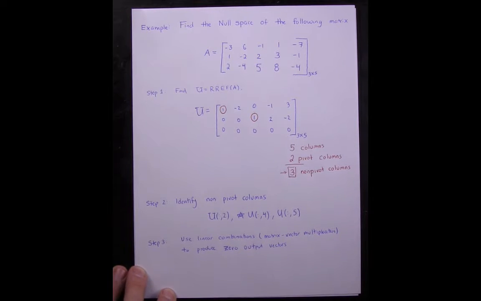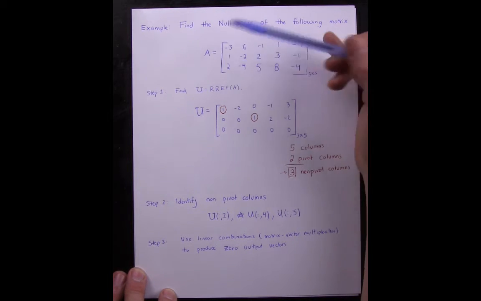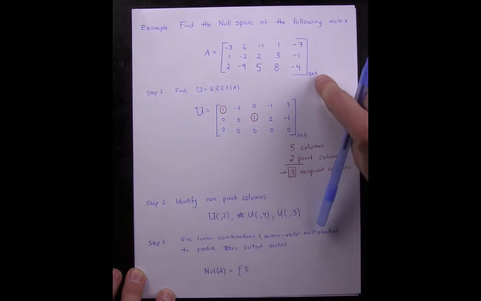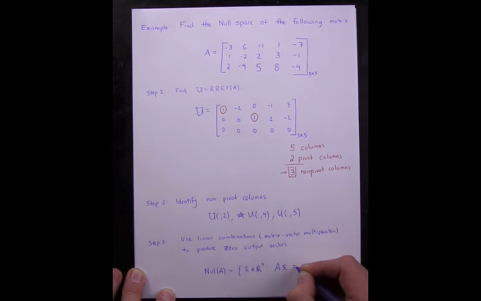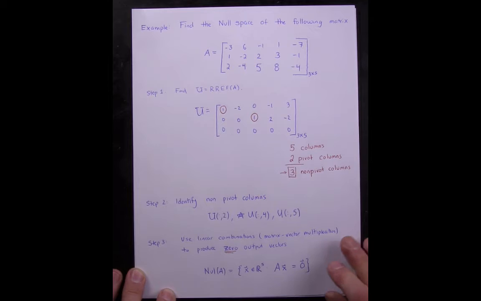Remember, the whole process that we're going through right now is to find the null space for this matrix, and we recall that the null space of A is going to be the set of all input vectors. In this case, those should be size 5, such that when you multiply A by those inputs, we get 0. And that's why we're looking for input vectors that produce a 0 output.